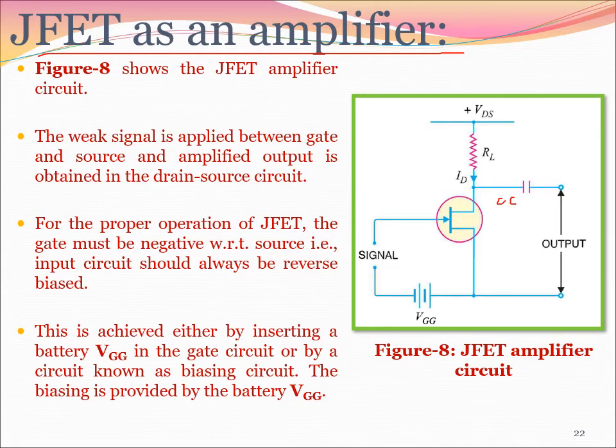So let's just assume that we have a negative pulse at the input signal. What would happen is that the overall voltage would increase and the output would decrease. However, once we have a positive pulse, the overall voltage at the gate to source terminals would decrease, and that decrease in the voltage will cause an increase in the signal at the output side.